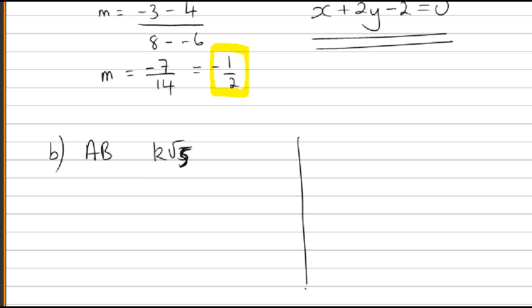Okay, so if we just have a little sketch of what's actually happening. We've got A is -6, 4, somewhere up here, we'll call that A. And B is 8, -3, which is down here.